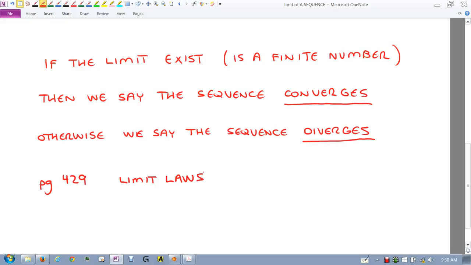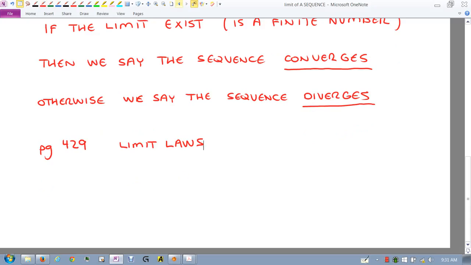So all the rules are still the same for limits as they were in Cal 1, which is a good thing. But I'm not going to go through all of them. Just know that they're there. Please review those when you have some time. All right, so let's try some examples.